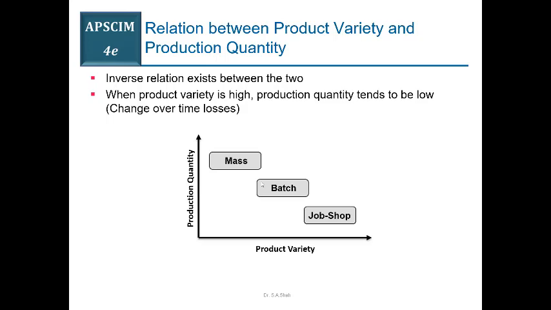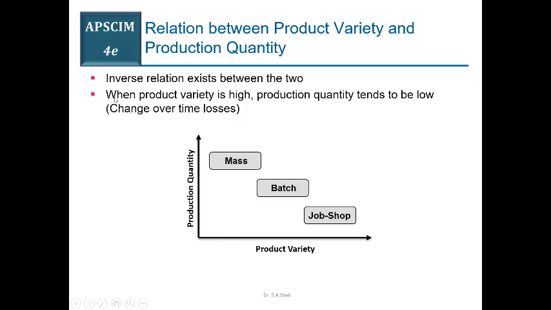So you will be left with less time, when you compare a batch type or job shop manufacturing industry with mass production. So that is why when you increase the variation in the products, you will be directly decreasing the production rates. Production rates means the production quantities.